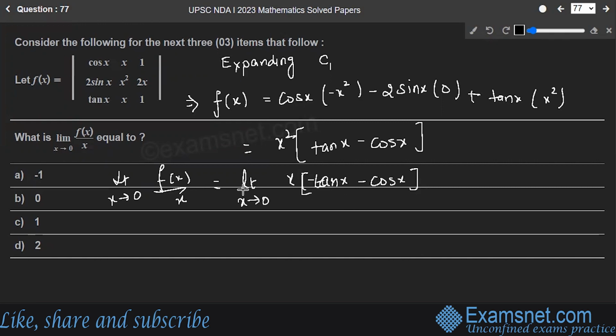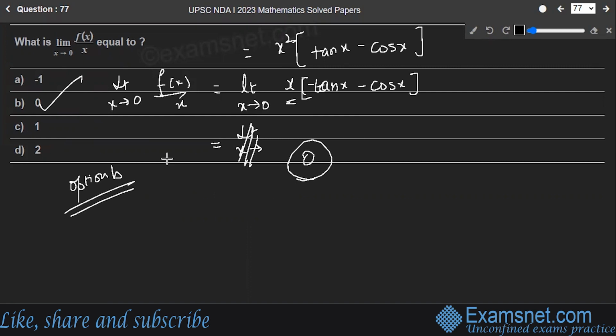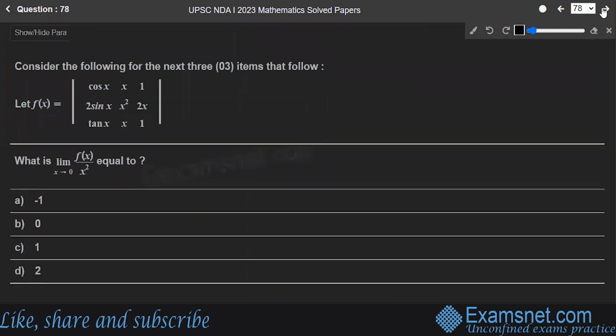If I put x equal to 0, this will give me 0, because here is x, which is approaching 0, this will be 0. That means we have option B as the answer. Hope you understood. Next, question number 78.